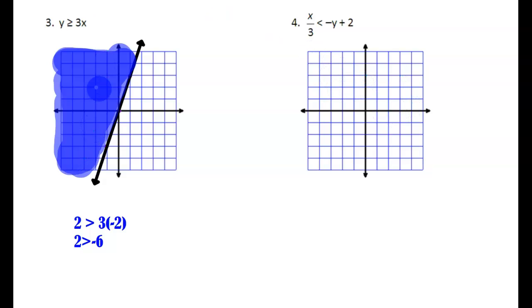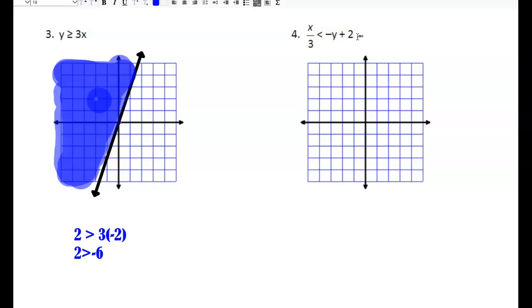Over here, once again, this isn't solved for y, so I really like to put my equations in y equals mx plus b form. So I'm going to add the y over. So I have y is less than, I'm going to subtract that -x thirds. And then I'm going to leave my y-intercept of +2.